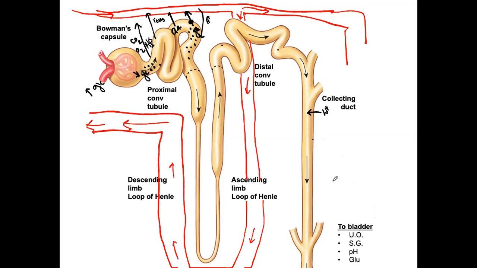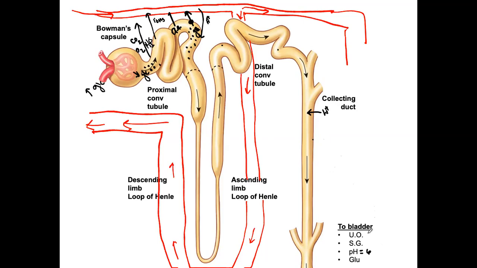What can you expect for pH? So normal pH should be about 5 to 6. Normal pH range is 5 to 8, but usually it's more acidic. So you're kicking out protons.